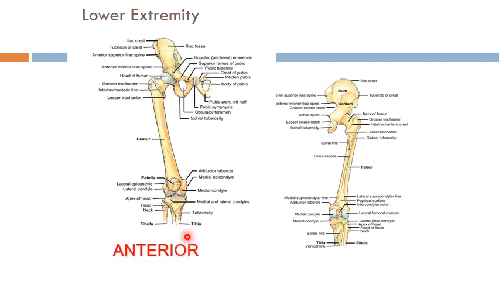As I keep saying, make sure you know how to recognize the anterior surface versus the posterior surface, okay? That's an important thing, so then you know what landmarks you're looking at. So down here, we have the anterior and the posterior.